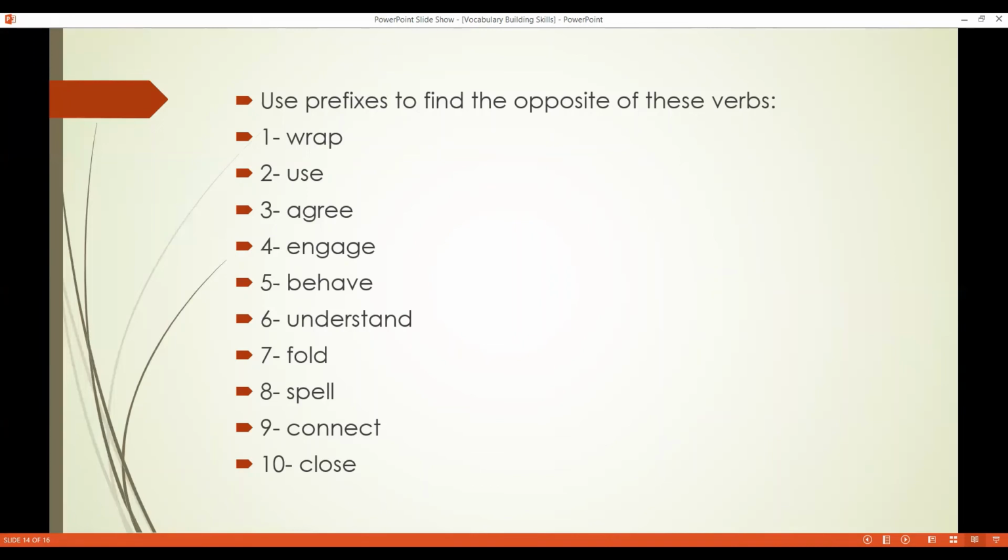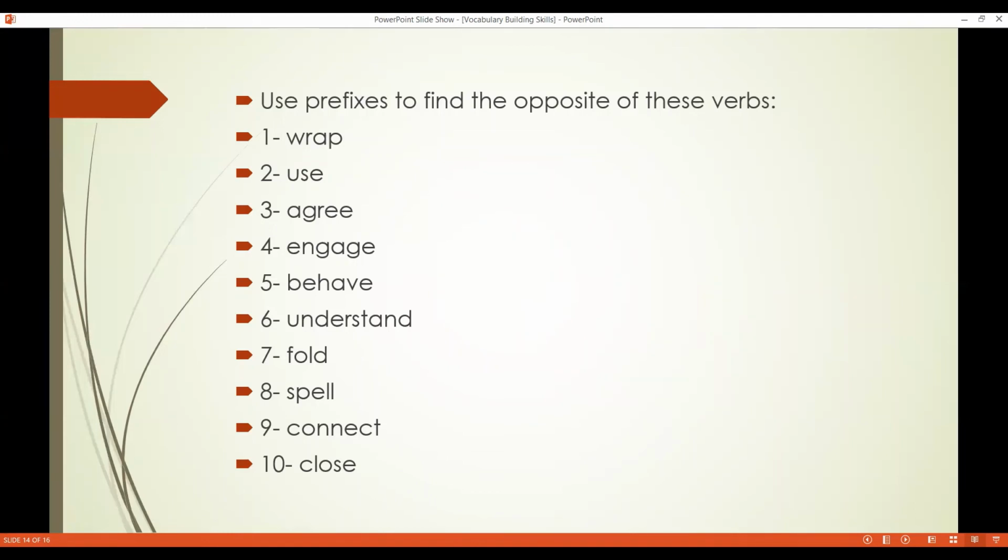Use prefixes to find the opposite of these verbs. We are going to do one or two. Later on, after closing this presentation, you could work on your registers, and then, as I have asked, you're going to bring those prefixes to the next classes.